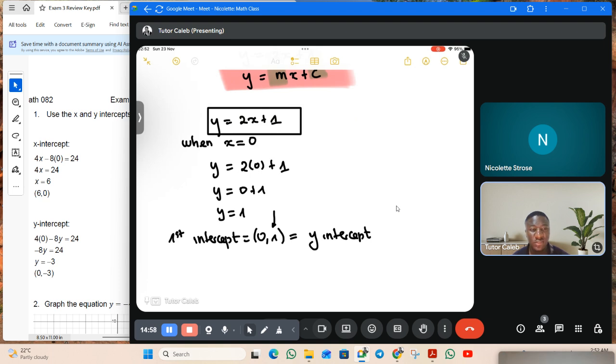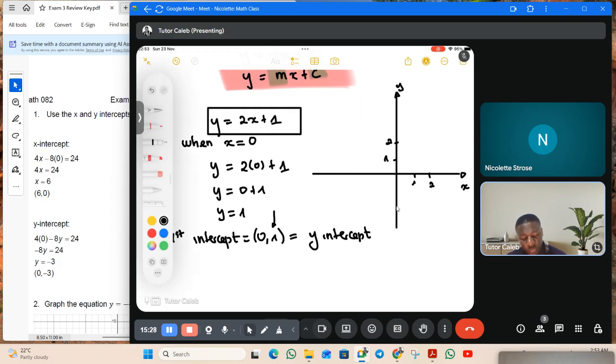Now, let me try to represent that on a Cartesian plane. You understand what I'm talking about? All right? Nicolette, are you following? Yes. Let's take an example of this Cartesian plane. This is the y-axis, this is the x-axis, this is 1, 2, 1, 2. Now, if they ask you to find the point 0, 1, I'll use the red ink to represent it. 0 on the x-axis will just be, if I take my ruler and draw a vertical line on 0, it will be like this.